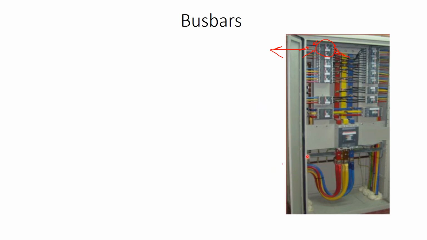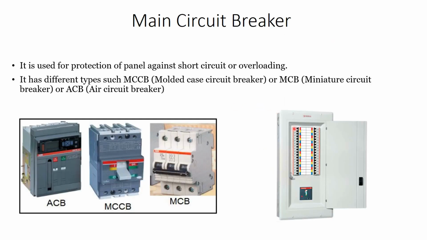If we get back here, you will see these circuit breakers. As you can see, red, yellow, blue, which means this one is for the red phase, this one for the yellow, this one for the blue.